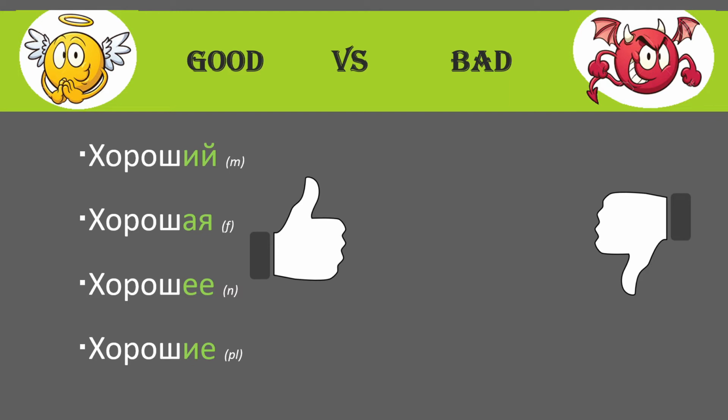Okay. The exact same thing we're going to now do with the adjective for bad. So again, just memorize the male form, and then it should be relatively easy to change it to a different gender afterwards. So the male form of bad is плохой. Repeat after me.